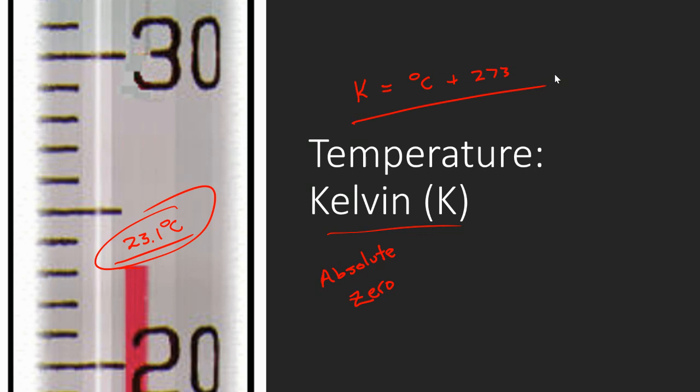So if I am at, let's say, 0 Kelvin, that means it would be a temperature of what? Negative 273 Celsius. That's the lowest temperature that's possible. One day we'll talk about why that is. Okay, so those are the 4 base units that we're going to use often, at least in the beginning part of this class. We'll see you next time.